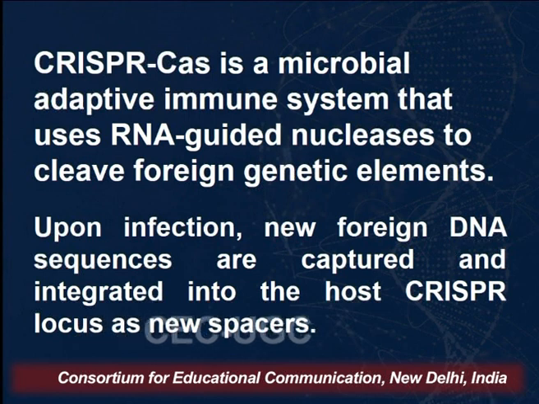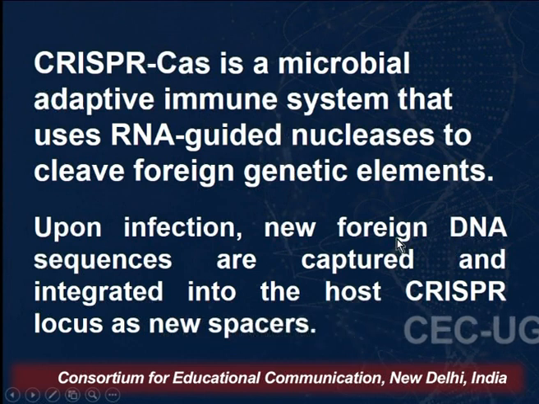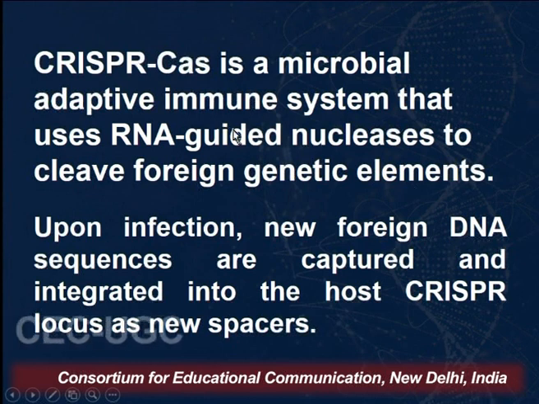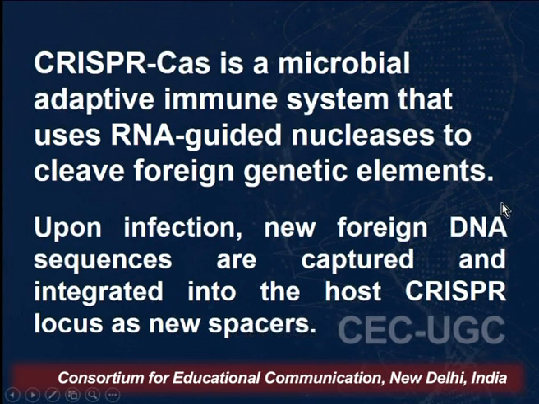This CRISPR-Cas is a microbial adaptive immune system that uses RNA-guided nucleases to cleave foreign genetic elements. So this CRISPR-Cas constitutes the immune system of the microbes, because they can use these RNA-guided nucleases to cleave any foreign genetic element. How does it do that?